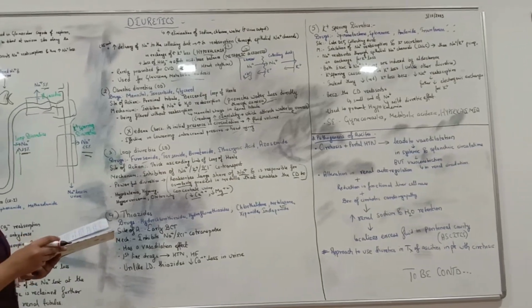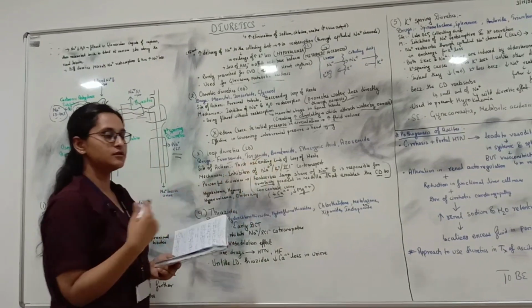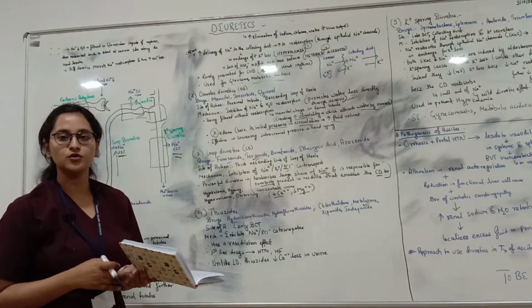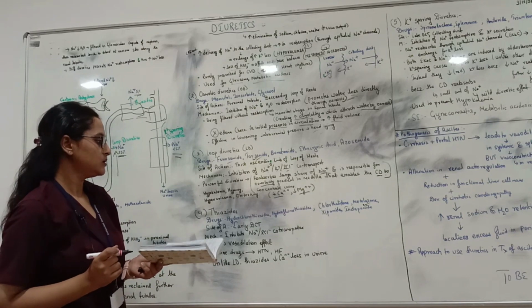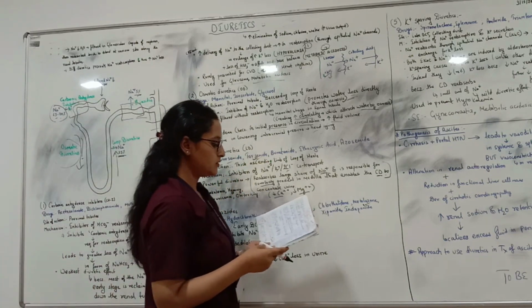Even compared with loop diuretics, this one is more efficacious. When I explain the pharmacokinetics and doses, I'll explain those things further. Torsemide is also more efficacious.